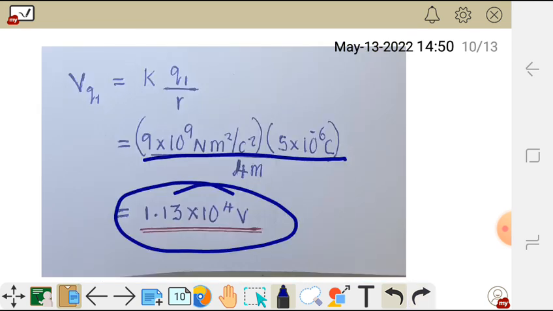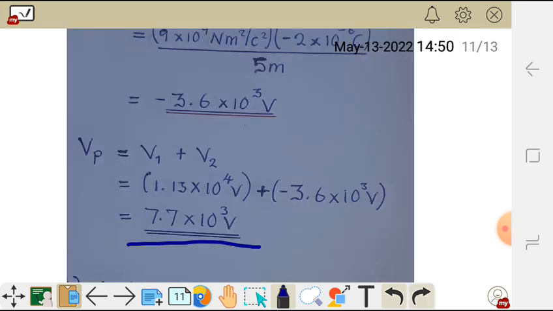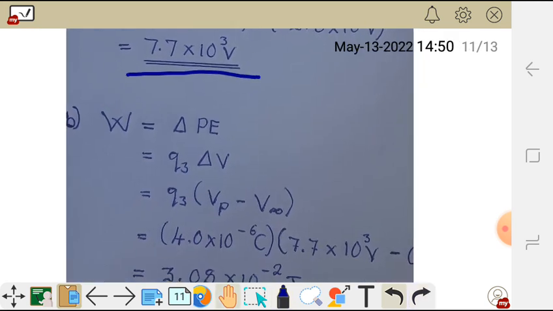Then from there, for B, they're saying how much work is required to bring a third point charge of 4 microcoulomb from infinity to P. So for this question, what you do, there is this formula which says for work done to bring a charge from infinity, you simply multiply the charge, the third charge which is coming from infinity, by the potential difference.